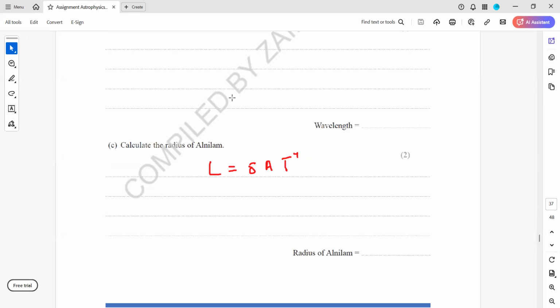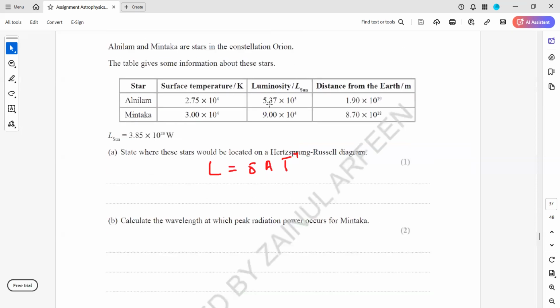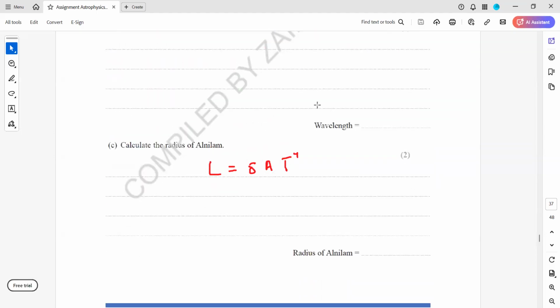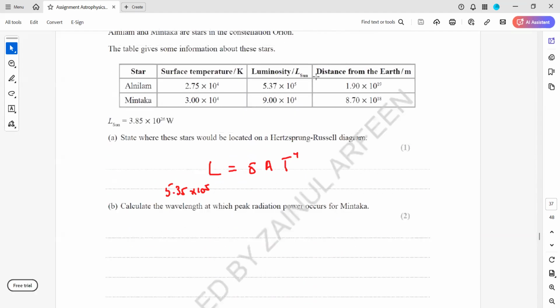So what luminosity is given? 5.3 exponent 5. So we write 5.35 exponent 5. Then this is equal to... And one more thing about the table, because luminosity is compared to that of the sun, this is a ratio between the luminosity of the star and the luminosity of the sun.